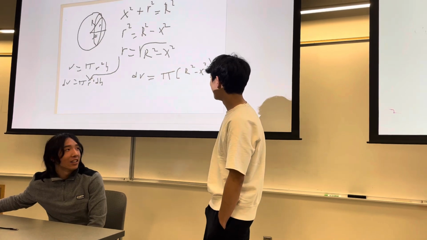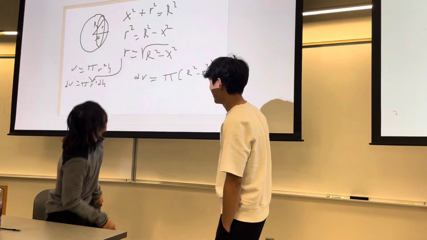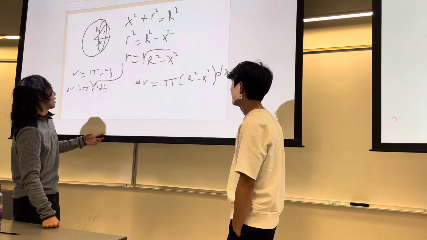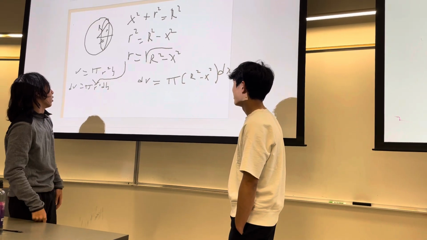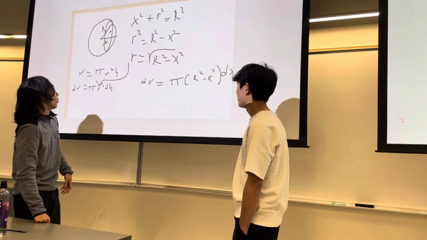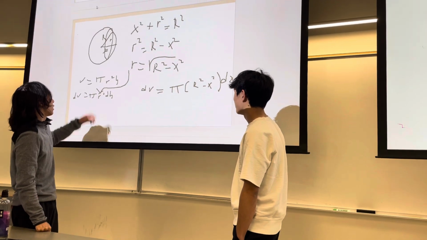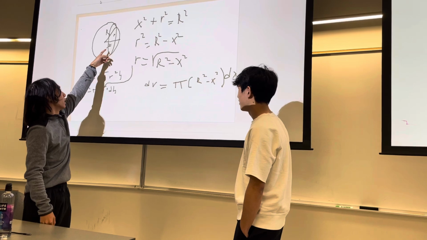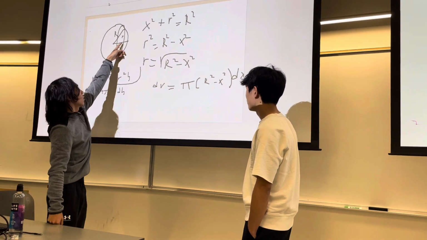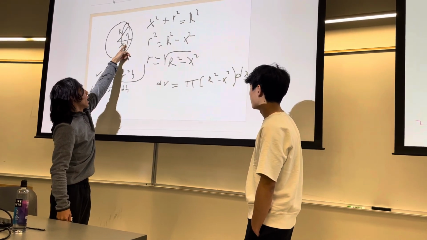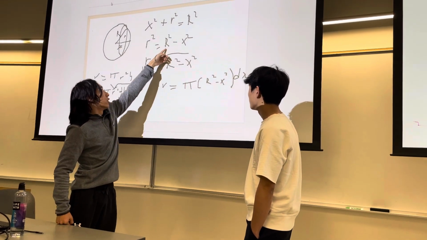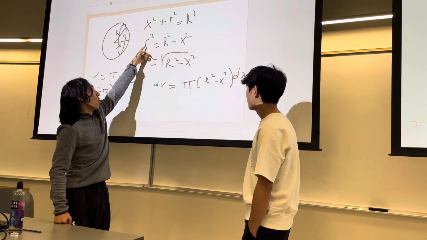Okay. So to break it down, you have to take an infinite amount of disks for the sphere. The way I did it is by taking the radius of the first disk, which is r, and then the x-axis, and then big R, to get the Pythagorean theorem to substitute for r.